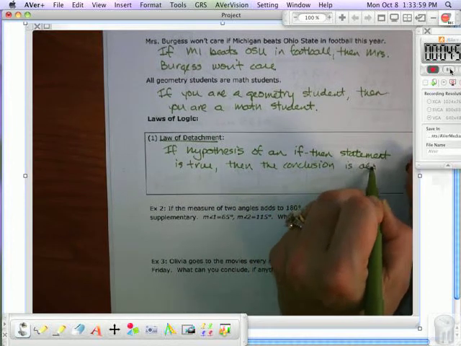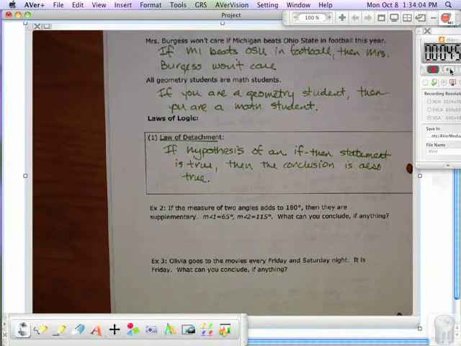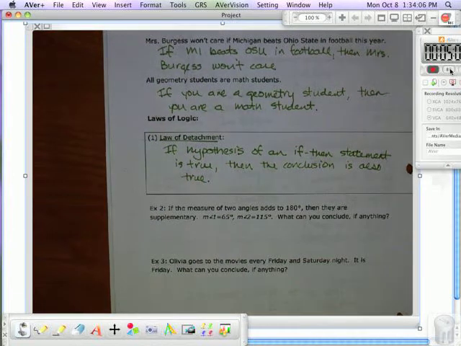Basically, if they give us a true if-then statement, then we have to assume that both parts are true, if they use that word true in there.